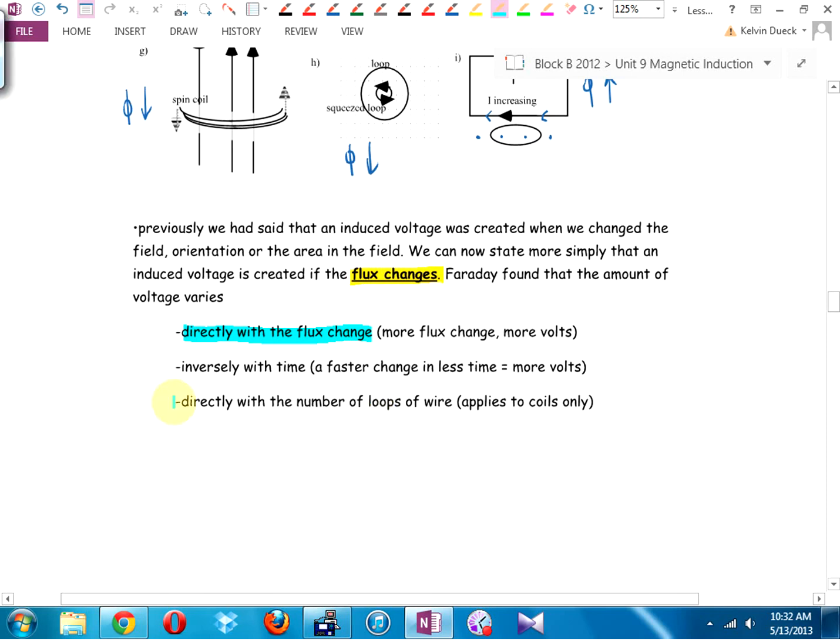He also found that it varied directly with the number of loops of wire. You want twice the voltage, use 2 loops. You want 10 times the voltage, you know how many loops of wire you should put through there? 10. You want 100 times the voltage, you know how many loops you should put in your coil? 100. Oh, and he found that it varied inversely with time. The smaller the time, the faster you spun it, the bigger the voltage.